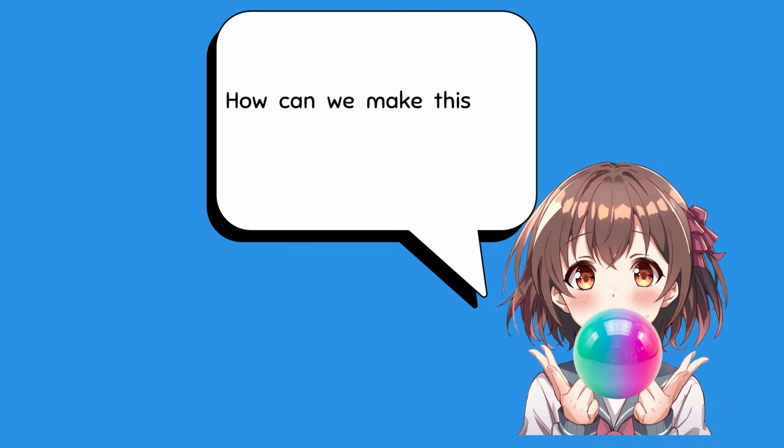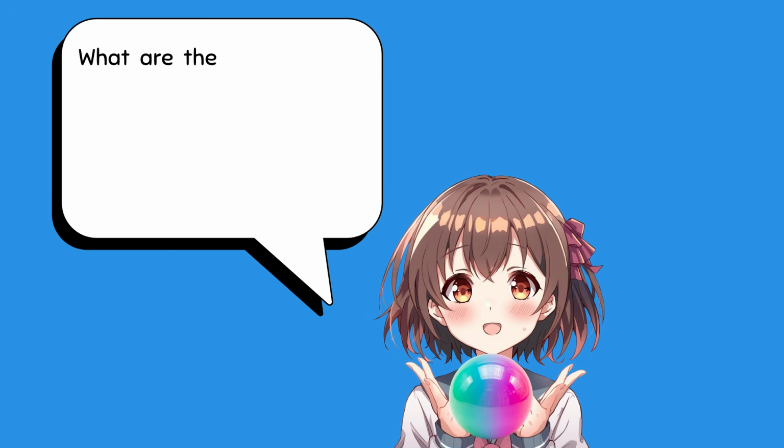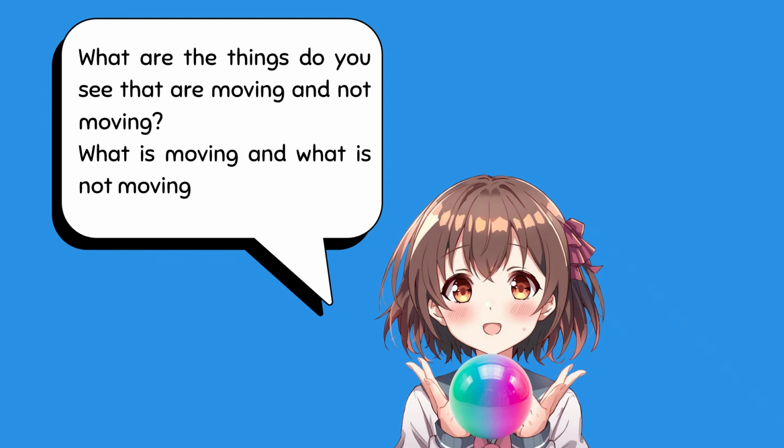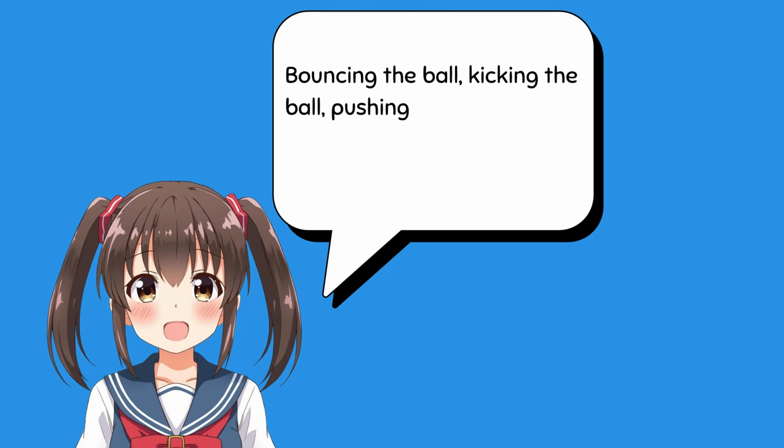How can we make this ball move? What are the things you see that are moving and not moving? What is moving and what is not moving? Bouncing the ball, kicking the ball, pushing the ball with our hand, throwing the ball, and so on.